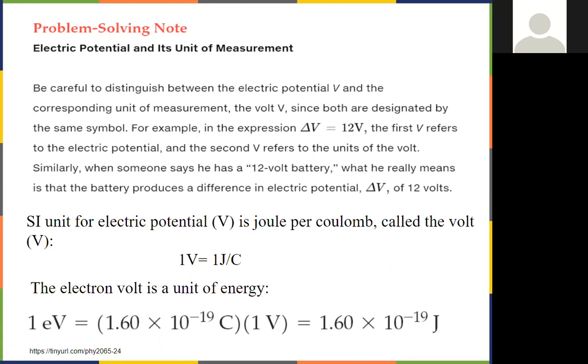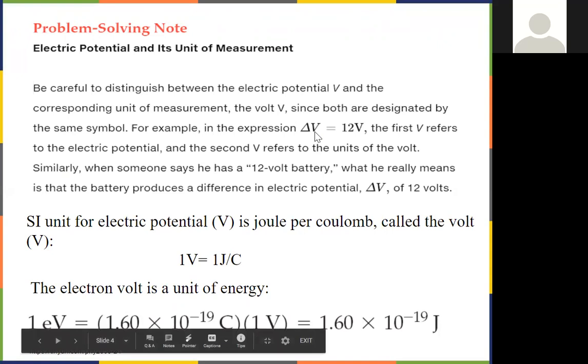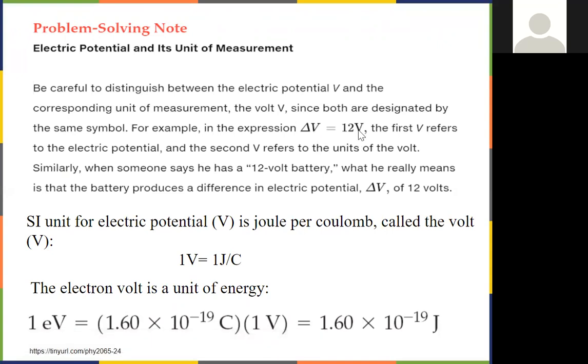Now just take note that the symbol is also V. Delta V, where V stands for potential, but we also use V as the abbreviation for volts. The abbreviations are the same, but you should note that this delta V means change in potential, while this V means volts, although their symbols are the same.